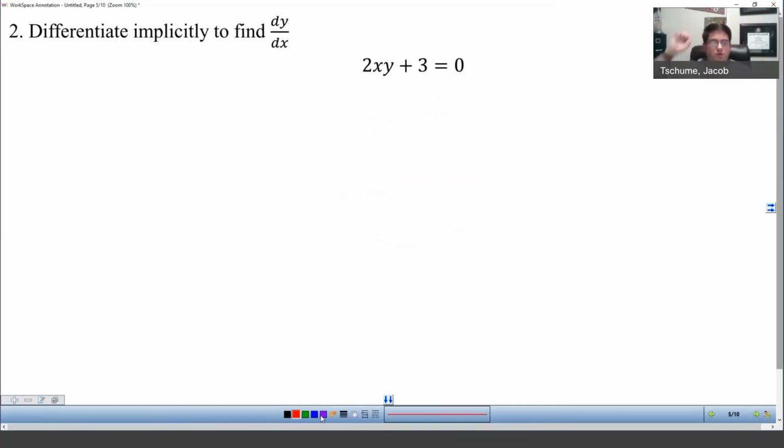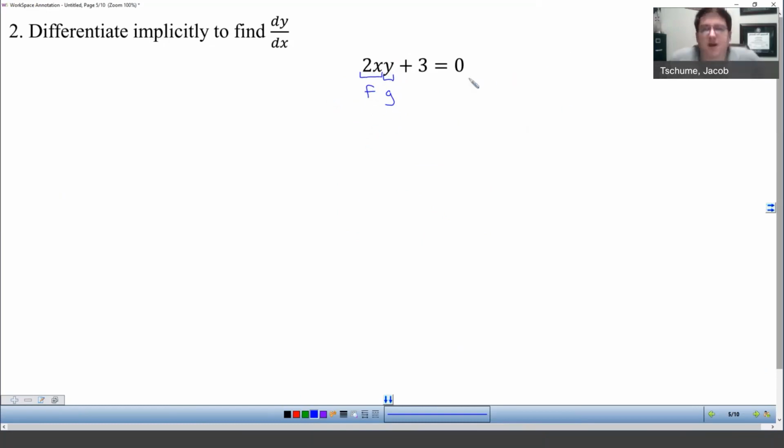All right, let's run through some more. How about example number two? If the equation is 2xy plus 3 equals 0, find the derivative implicitly. The difference on this one is that since we're taking derivatives of every letter, we have to note that 2xy is the same thing calculus-wise as 2x times y, which means that when you take the derivative of this, you will have to use the product rule to find the derivative of 2x times y.